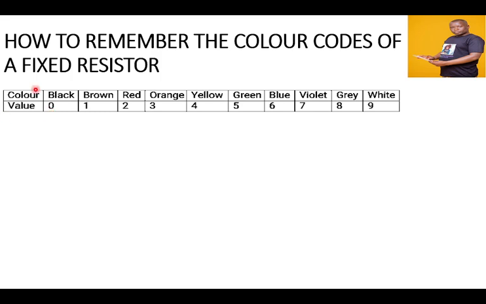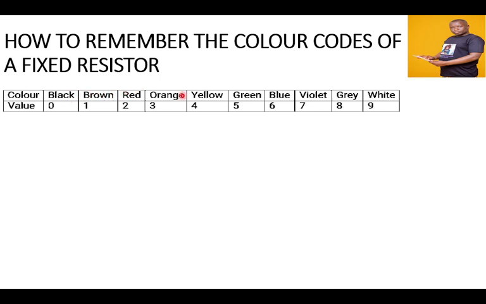Like I said before, you have colors from black, brown, red, orange, yellow, green, blue, violet, gray, and white, from 0 to 9. Okay, that's what we have.